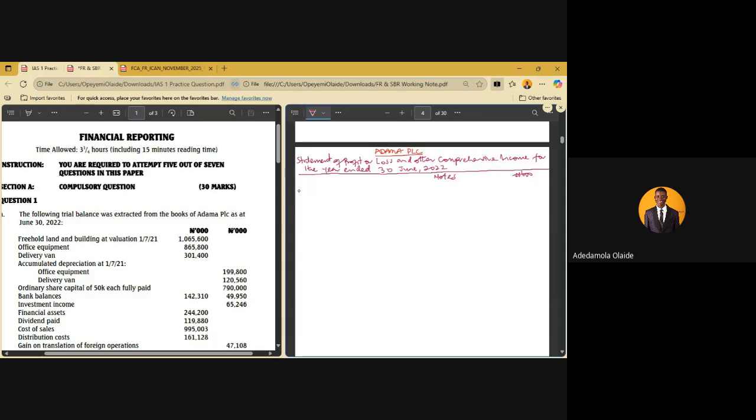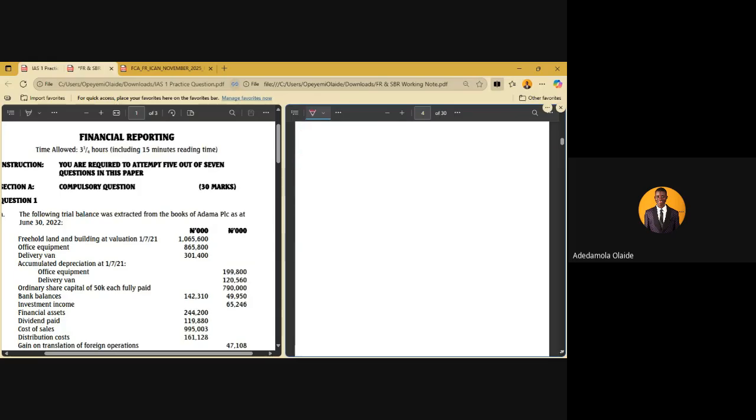Then, to prepare this, we go this route. We start with the notes first so that we don't miss out on anything that needs to be adjusted. So we start with note 1.